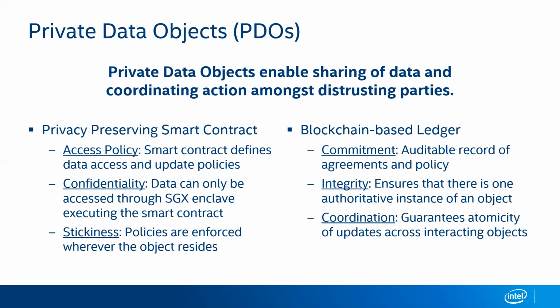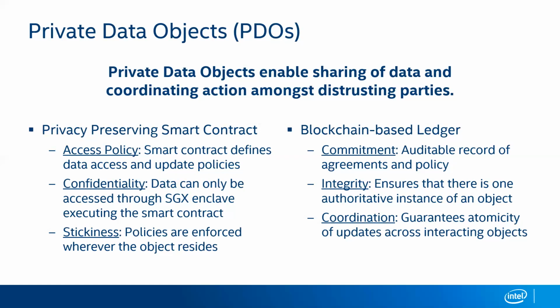The one piece is related to execution of these privacy-preserving smart contracts. The idea behind these is that all data associated with the contract is encrypted so long as it's outside of one of these trusted execution environments.